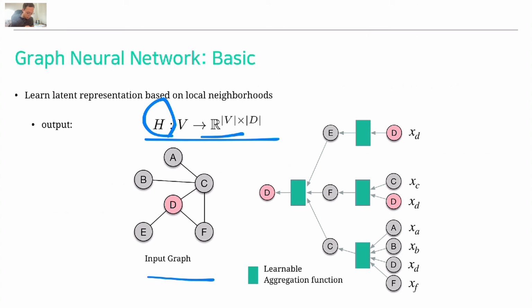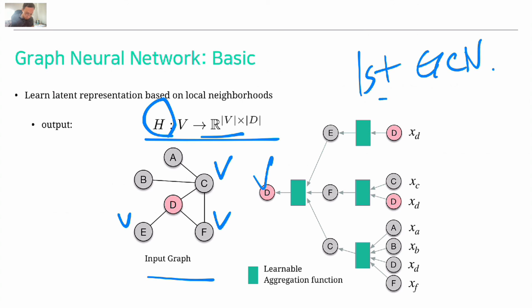Assume that we have the input and want to decide the representation of D. At the first layer, we first consider the first-hop neighbors. So it is connected to E, F, C, and D, because we consider the self-connecting node.